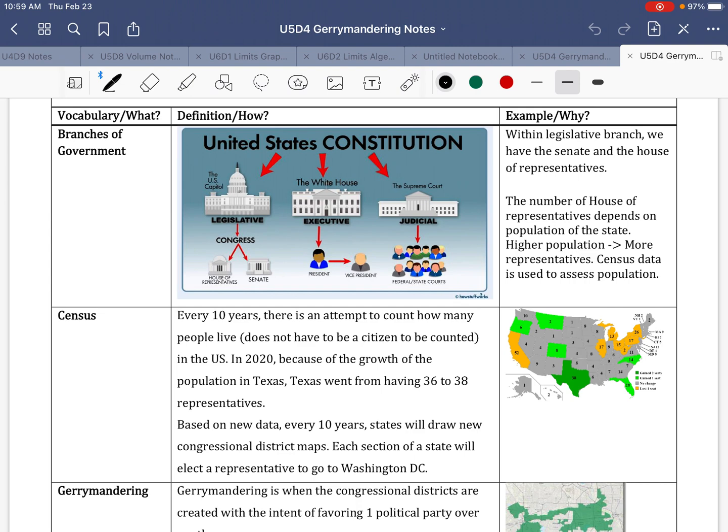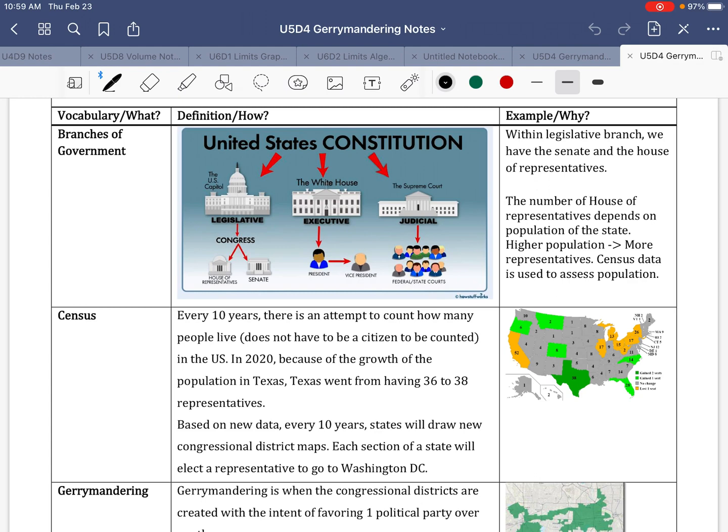Now, every single state can elect 2 senators to represent the state at the Senate level. And then depending on the population of each of the states, they can elect a certain number of House representatives who can also then vote for different laws and represent the state at a congressional level as well.